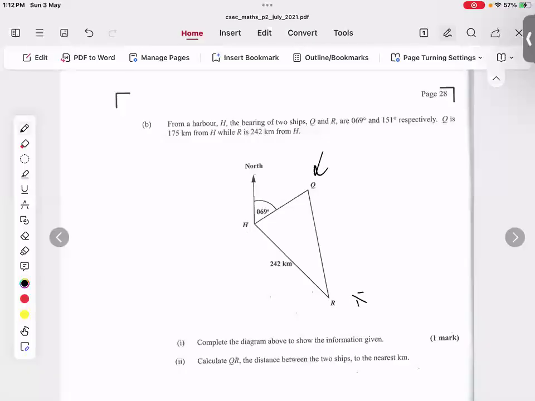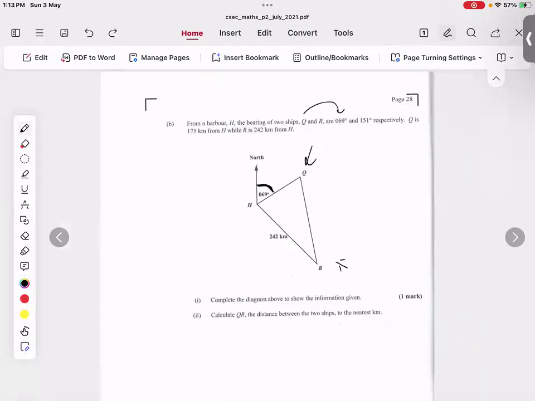So therefore, Q is on a bearing of 69, which you can see right here. And remember, bearing is measured from north in a clockwise direction. That is very important to understand, which direction bearings take you.